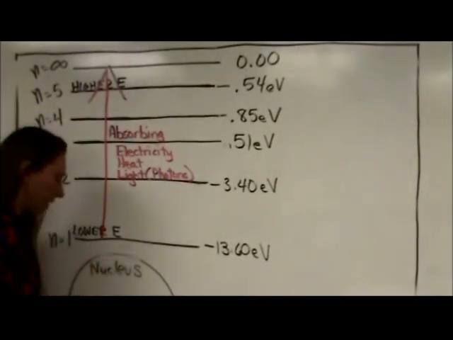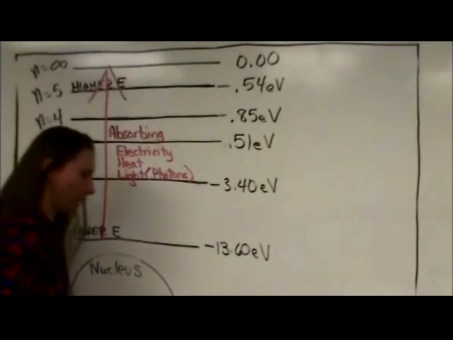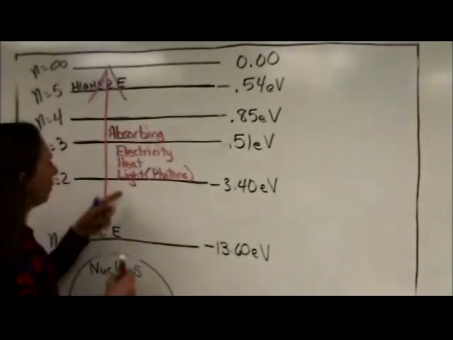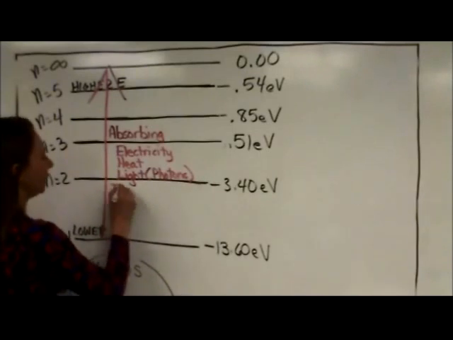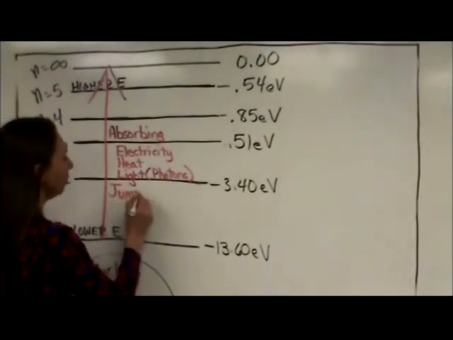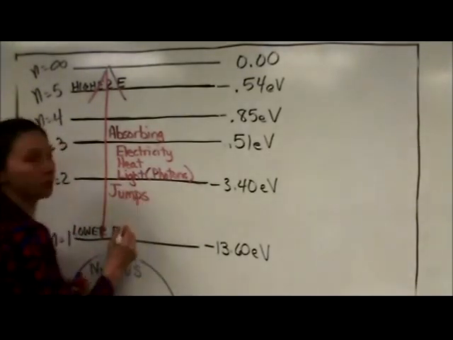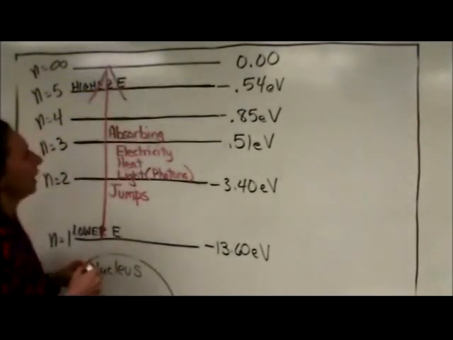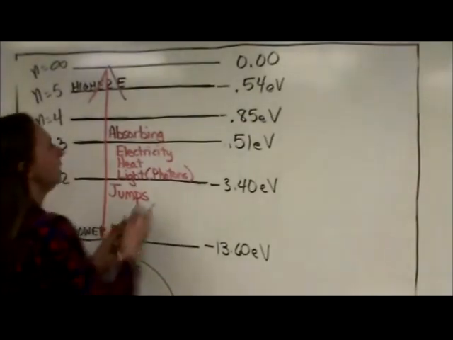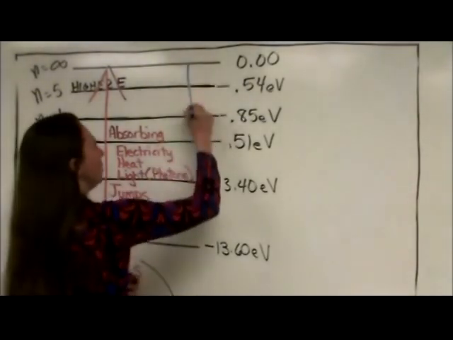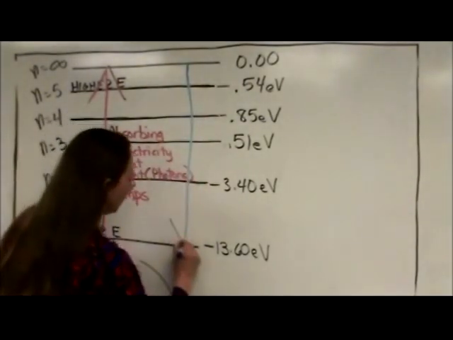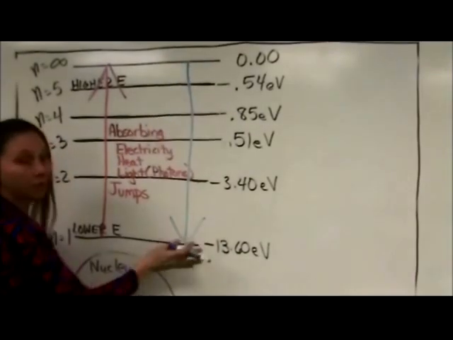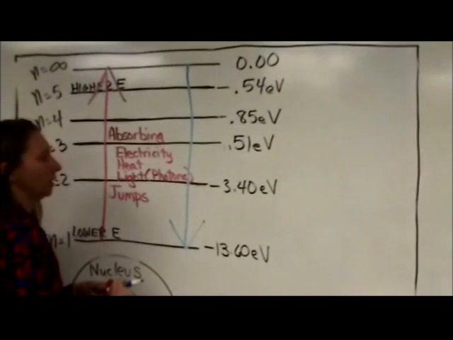When they are emitting energy, when they are giving off energy, one more word here. We say that the electron is jumping. The electron jumps from a lower to a higher energy level. Now, when they go this way, from a higher energy level to a lower energy level, they can go from here to here or here to here. They don't have to go all the way to the bottom. All right?